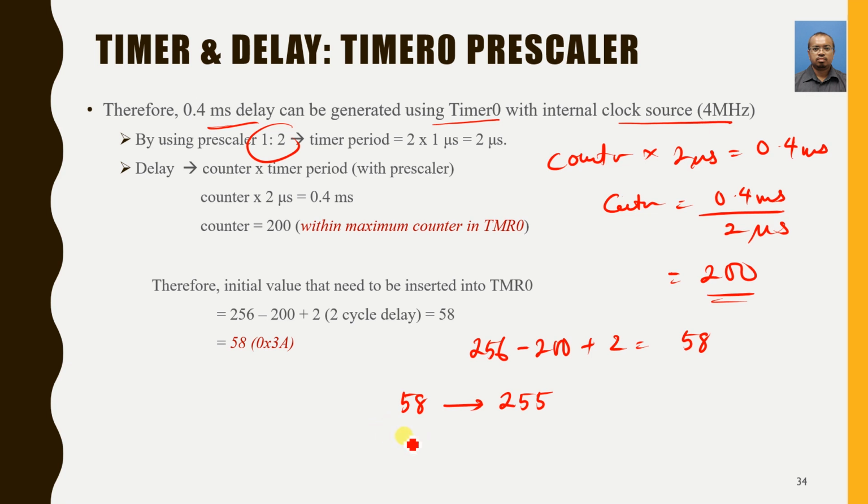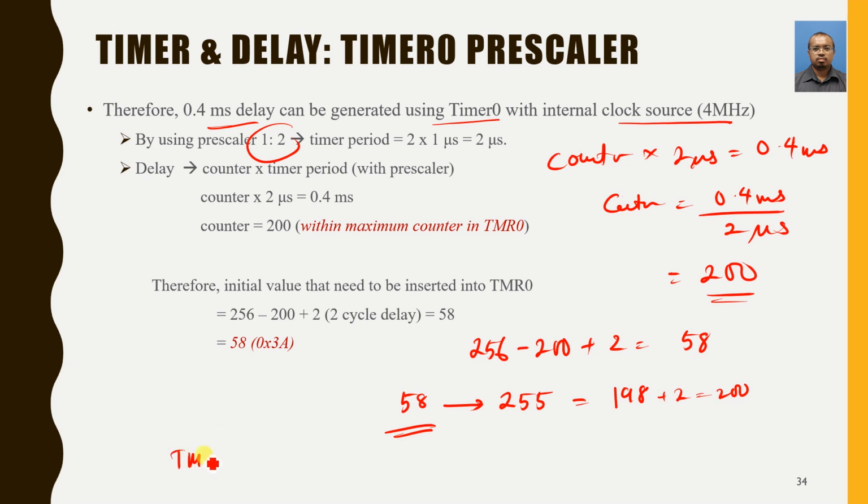So meaning here, if you minus this, you'll get about 198 or 197, and then you plus by 2, it becomes 200, meaning you will be counting for about 200 times. Right, so 58 is the number to start with in the counter timer 0.